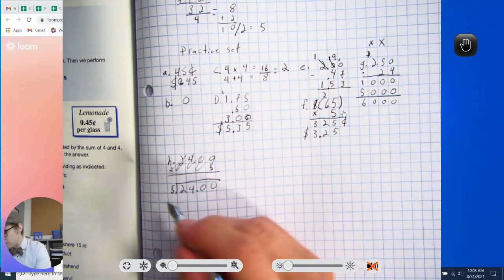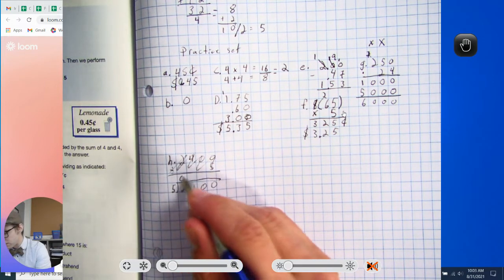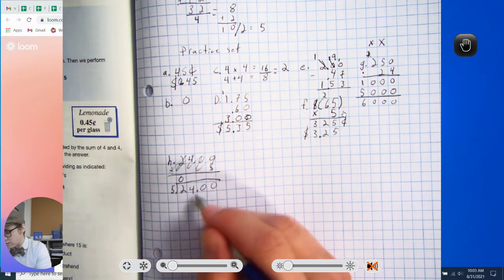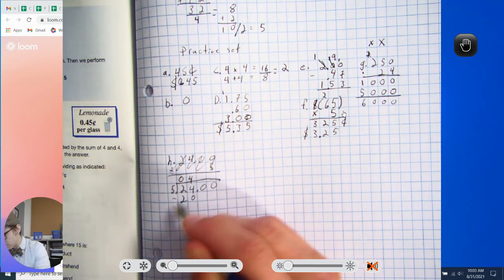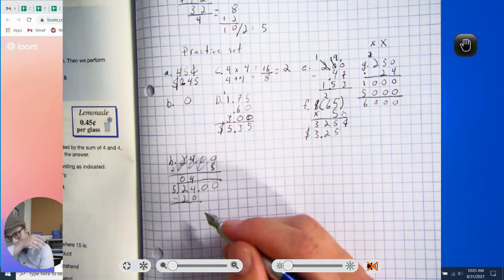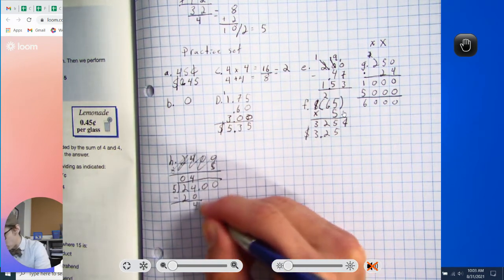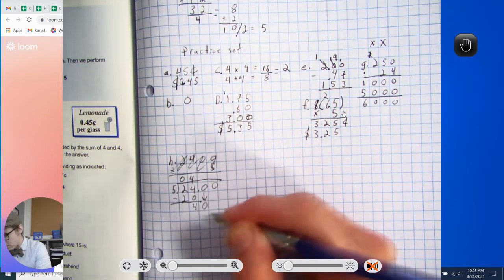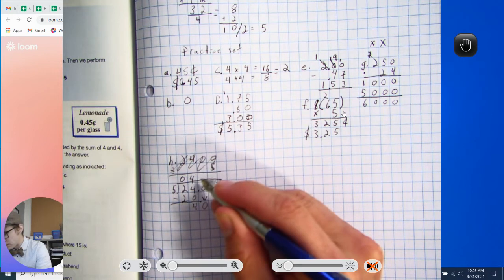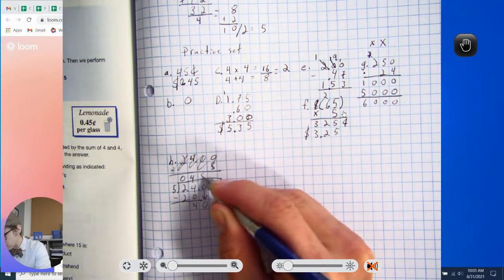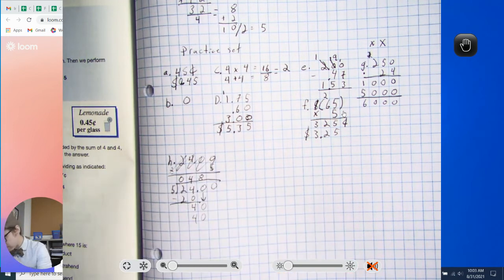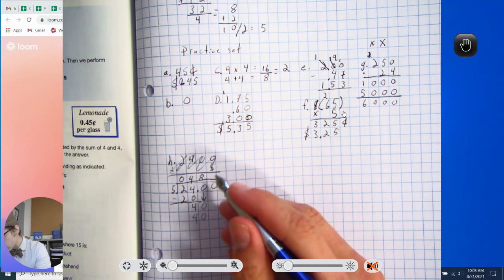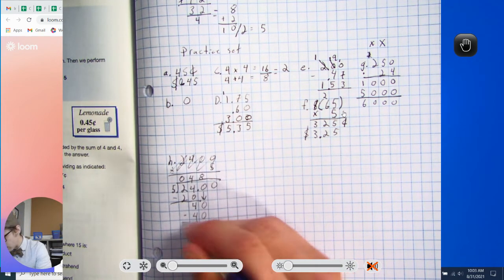Let's see. 5 goes into 2 0 times. 5 goes into 24 4 times, which gives us 20. Subtract that, and that gives us a remainder of 4. That 0 drops down. 5 goes into 40 8 times. 8 times 5 is 40, and we are left with a remainder of 0.